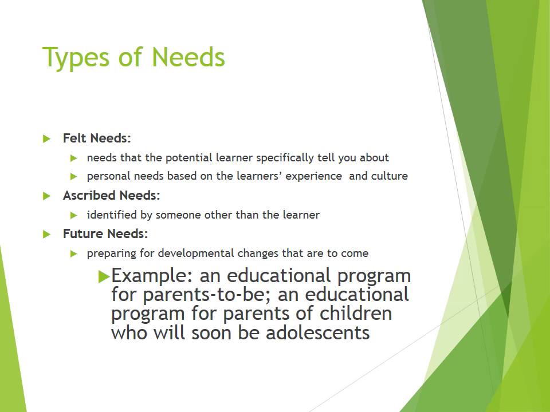So these are the needs of the potential learner that they specifically tell you. They're going to be based on their experiences and their culture. This is going to be what they tell you they need when you're talking with them, what they tell you they need when they're filling out their surveys. The felt needs is what the learner feels that they need, and they're pretty much just going to tell you that directly. Okay?